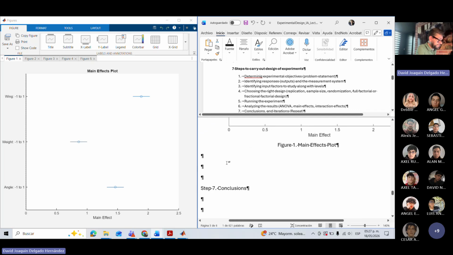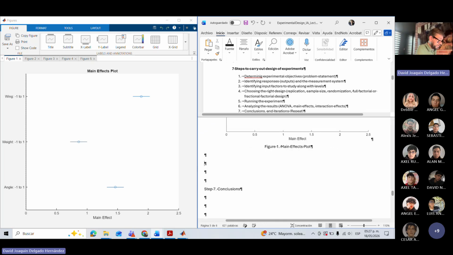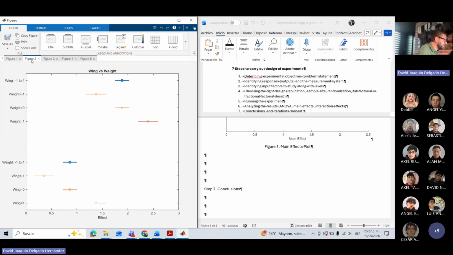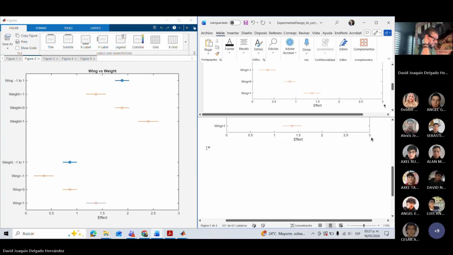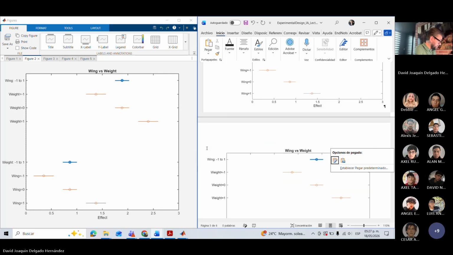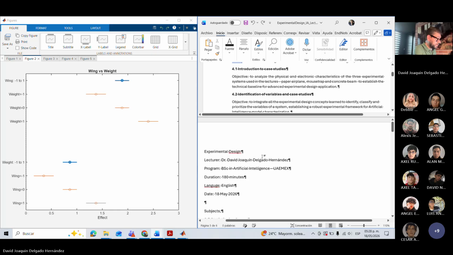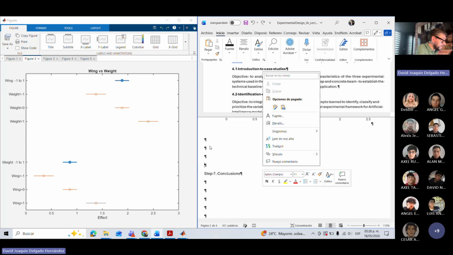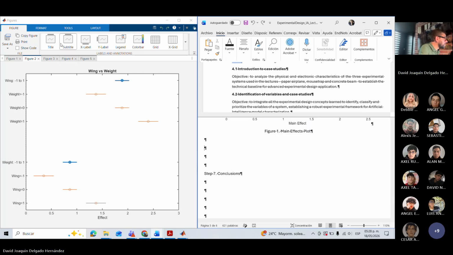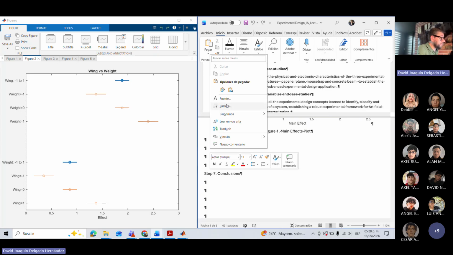Okay. Well, let us now look at figure number 2. So this is figure 1. Let us now look at figure number 2, which is this one. I am going to copy the figure and put it here. Copy figure 2 here and paste.